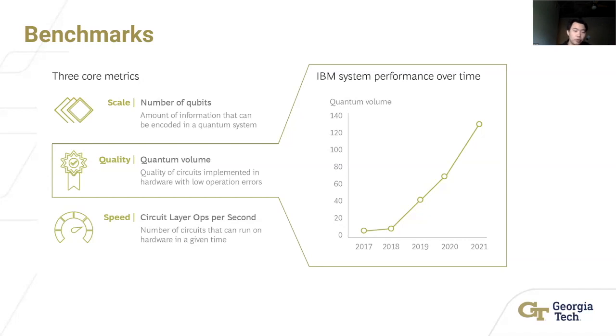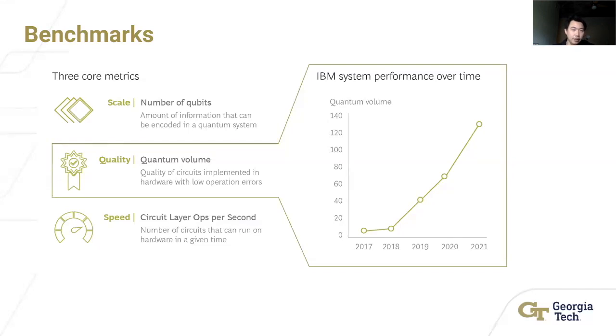So here I would just briefly introduce IBM's definition of the three core metrics they use. The first, apparently, is the number of qubits. If you want to make a quantum computer useful to actually run Shor's algorithm, you probably need 1 million qubits. That's what people are expecting. So that's the scale, the number of qubits.